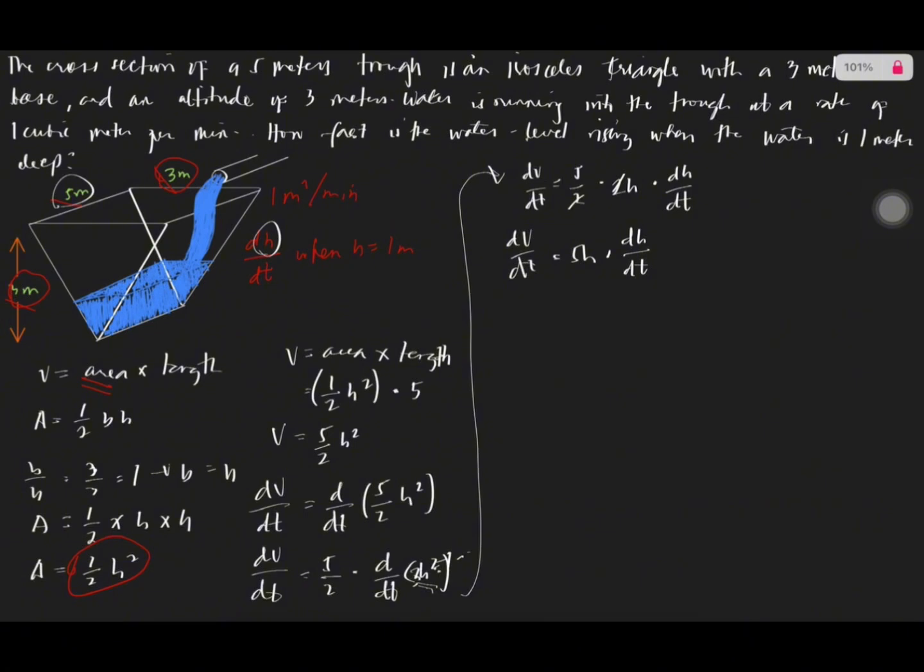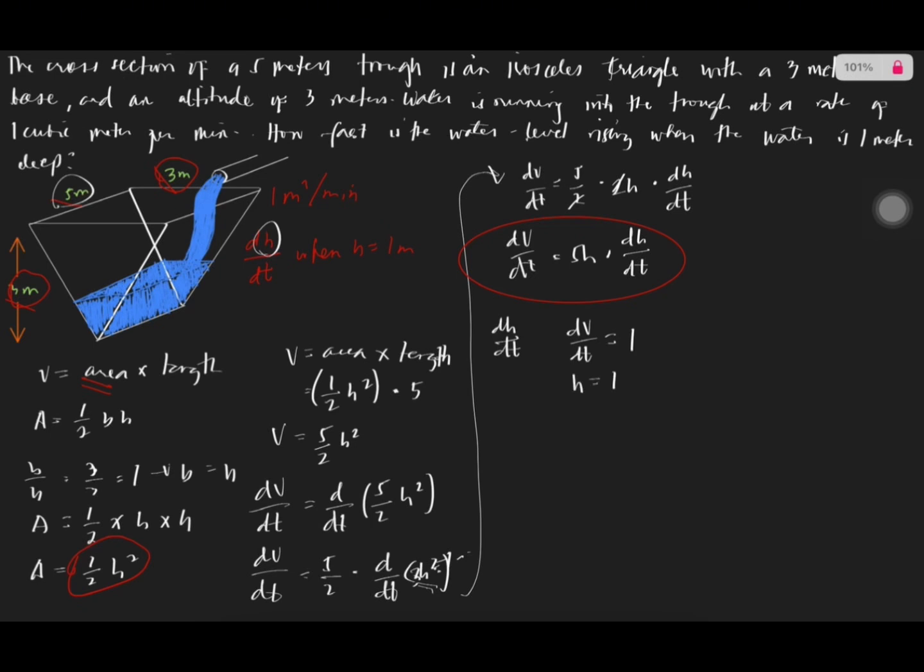So now we got our equation to get the derivative of height with respect to time, or to see how fast the water level is rising when the water is 1 meter deep. In solving for dh/dt, we're given that the derivative of volume is equal to 1, which is given in our problem, and our height is 1 also.